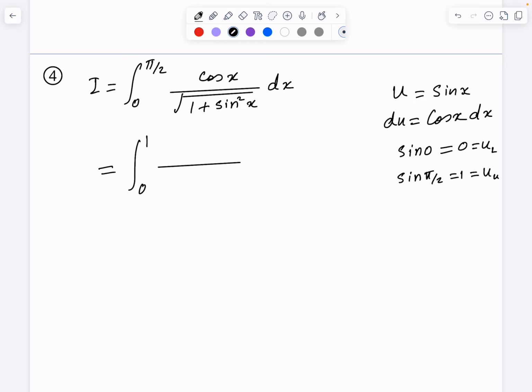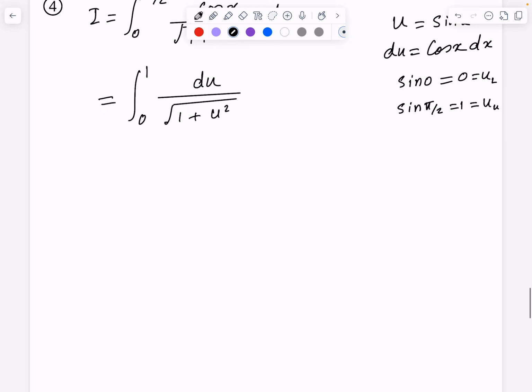Now cosine x dx is just du, and the square root is of 1 plus u squared. Now another time, we say u equals tan theta. Therefore, du equals secant squared theta d theta.